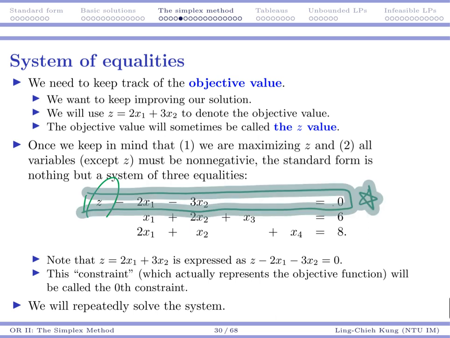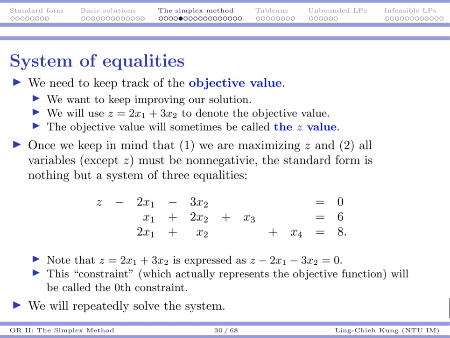Okay, so that makes sense. So pretty much what we are doing is to take the objective function and express it as an equality. So this constraint, which is not really a constraint, which is actually an objective function, this constraint would be called the zeros constraint throughout the process.